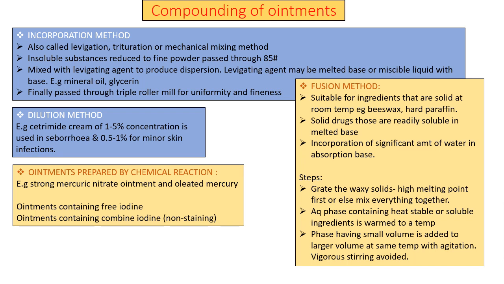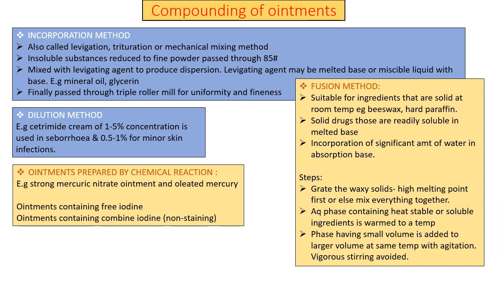I know these terms are a bit confusing with regards to staining and non-staining. No need to go in depth. I repeat, just remember that ointments prepared by chemical reaction include both ointments containing free iodine as well as ointments containing combined iodine.